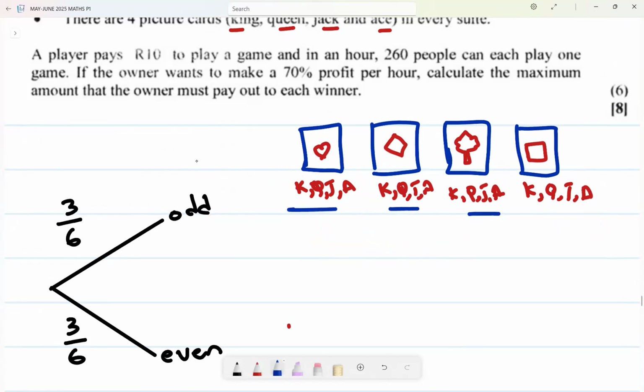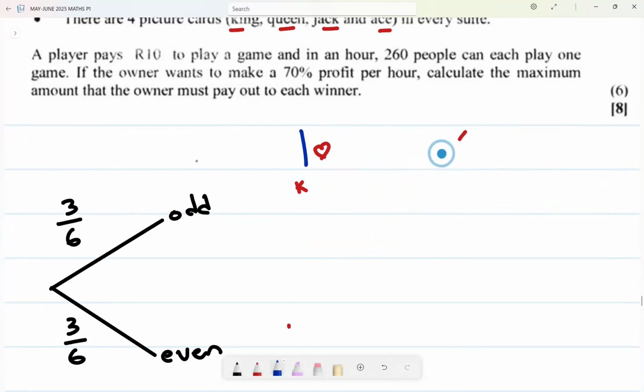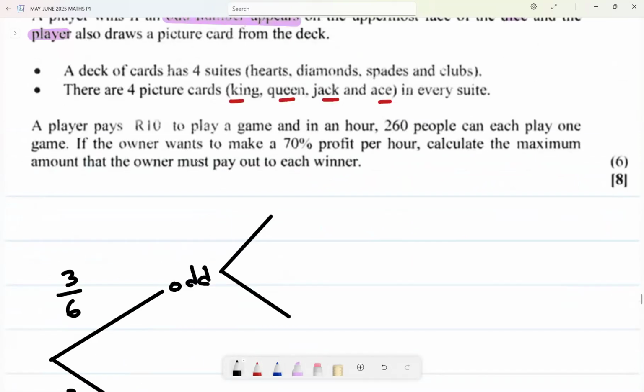So there are 16 ways. If you want to win, you need to choose a picture card.